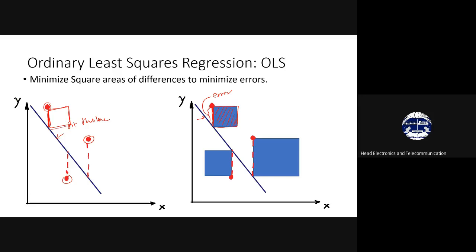If I square this difference, then it becomes like this. If I square this difference, it becomes like this. Now I have to fit the line such that the sum of the areas of these three boxes is minimum.